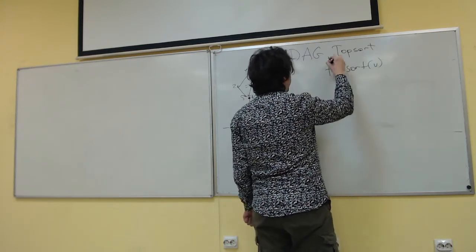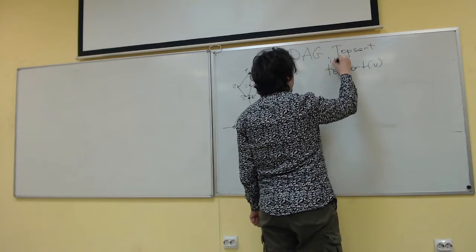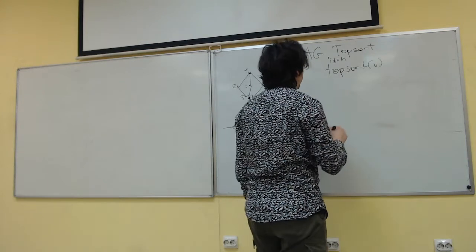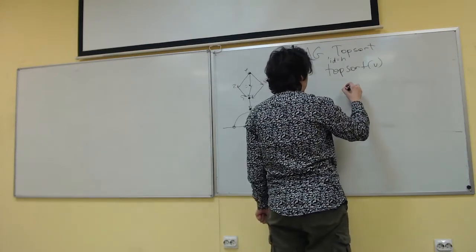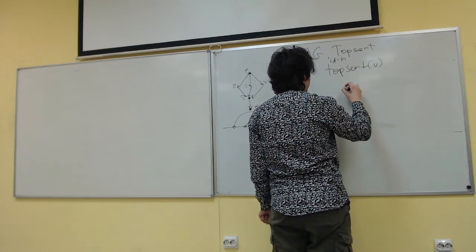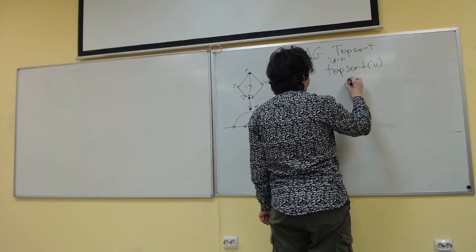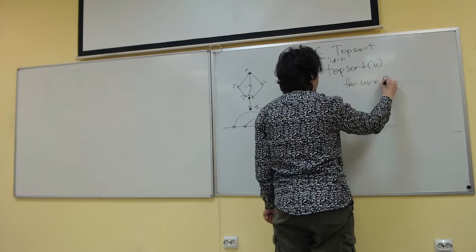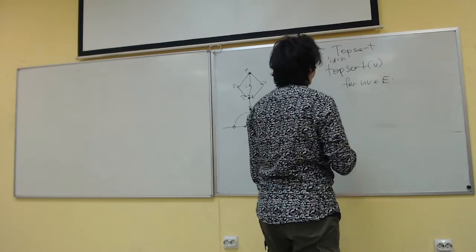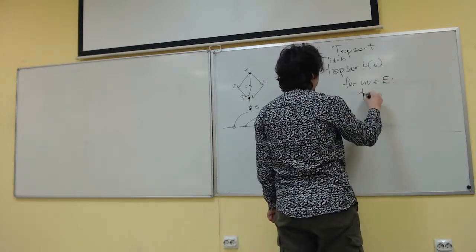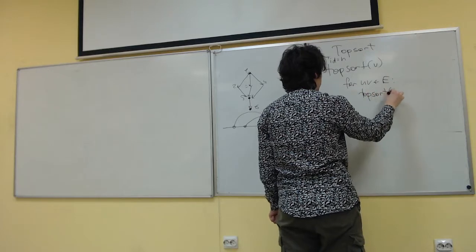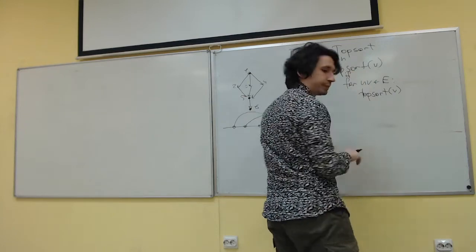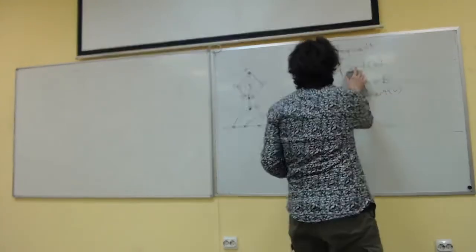So we have our identifier to start with n. And we go for UV in E, top sort V. Oh, if, yeah, sorry, I need this. I still need this.